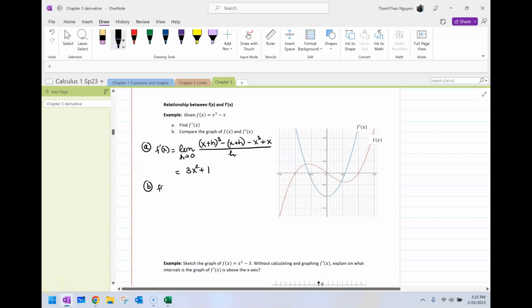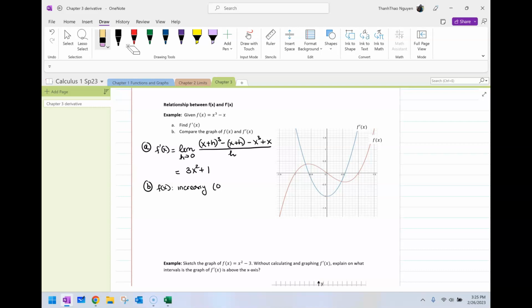Well, f of x is increasing from negative infinity to negative 0.6, and we have a local max at x equal to negative 0.6.